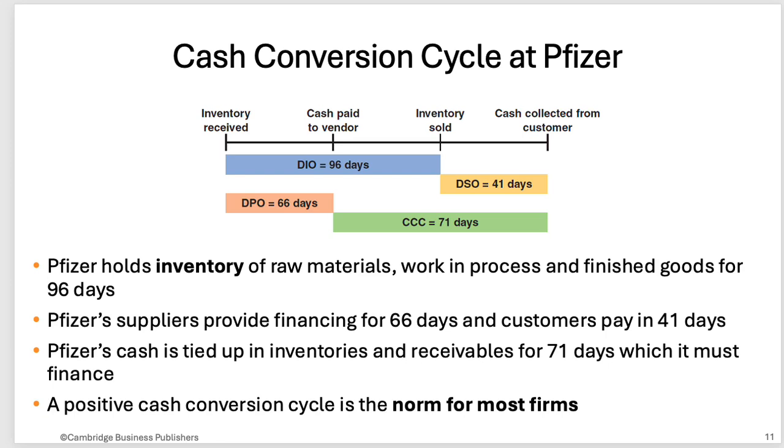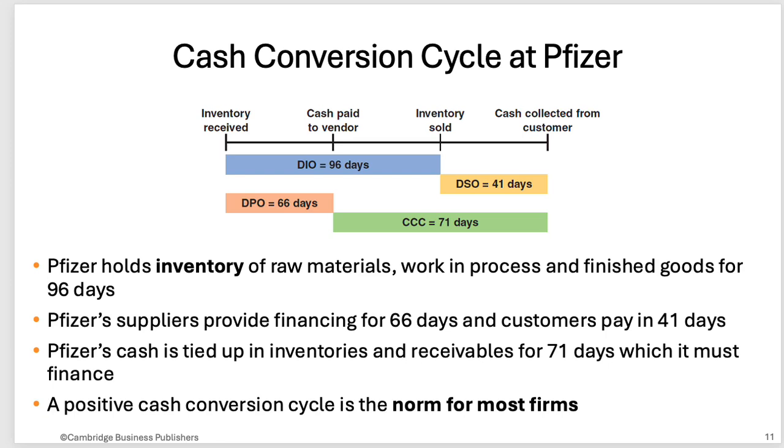Now, here, I don't think we've looked at Pfizer, our example company for Module 4, before, and you can see here the 4 bars, right? The inventory outstanding bar of 96 days, which essentially means that Pfizer holds raw materials, work in process, and finished goods generally for about 96 days until they're able to realize a sale of that product on average.